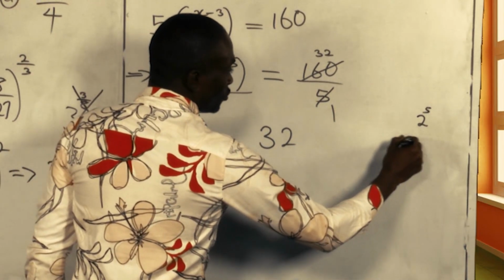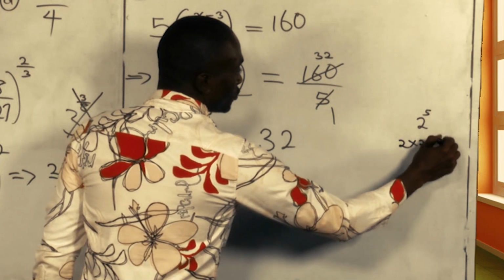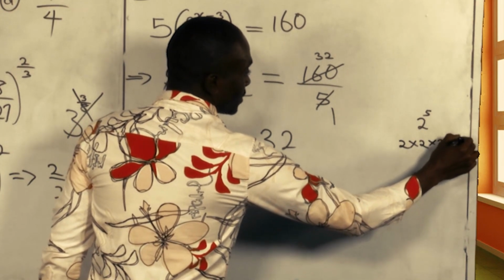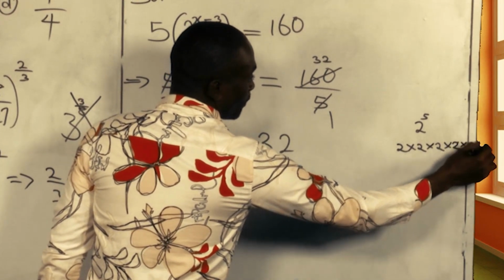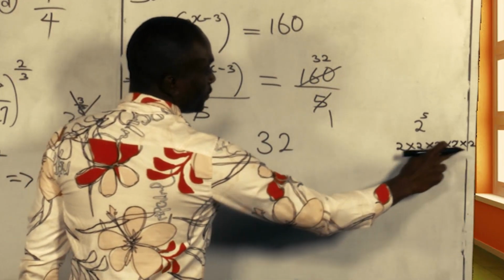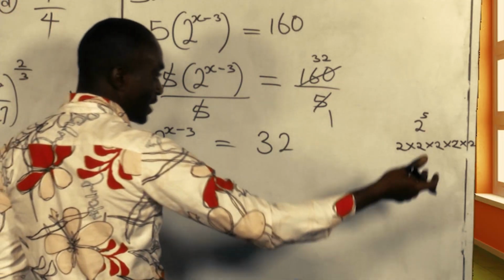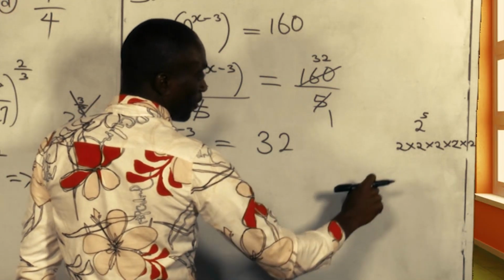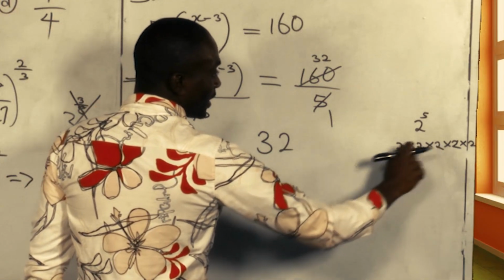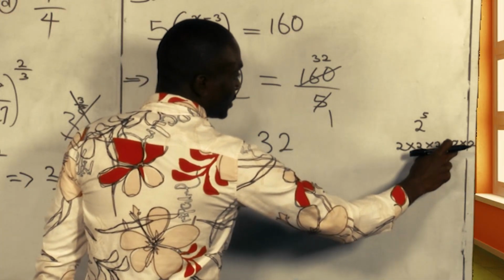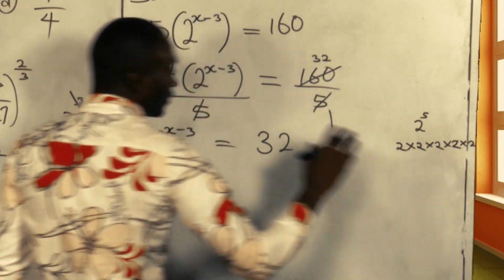That is 2 multiplied by itself 5 times: 1, 2, 3, 4, 5. 2 times 2 is 4. 4 times 2 is 8. 8 times 2 is 16. And 16 times 2 will give us 32.